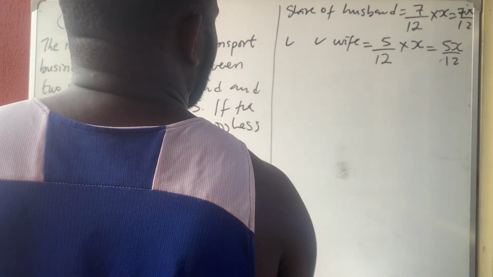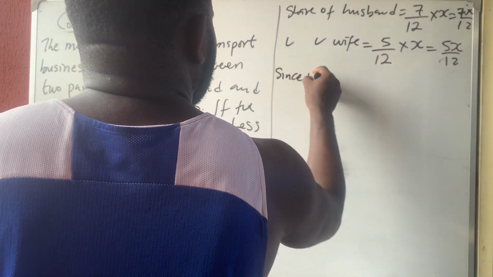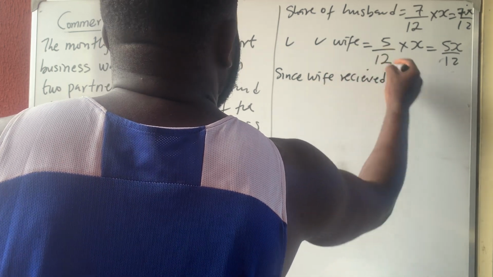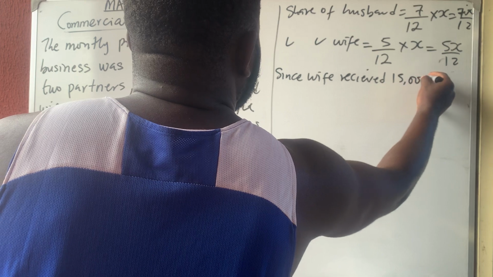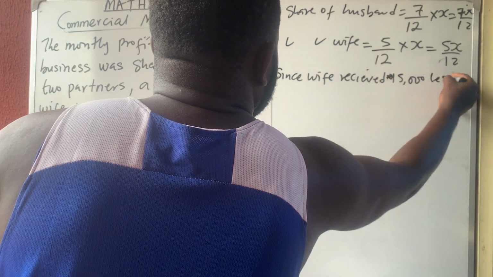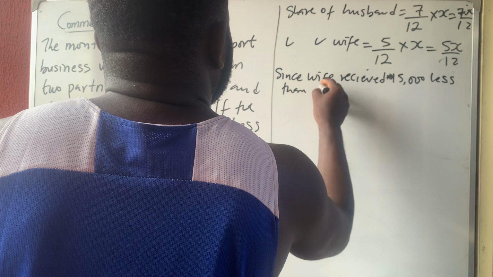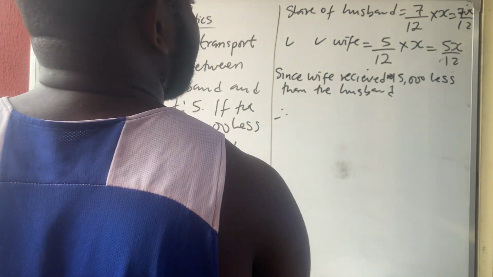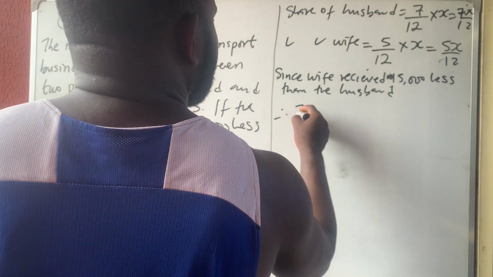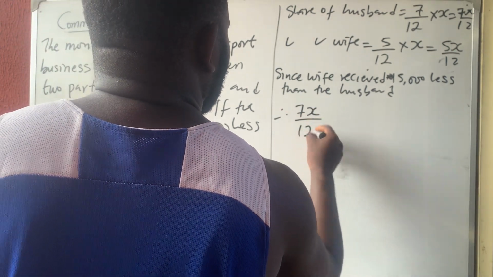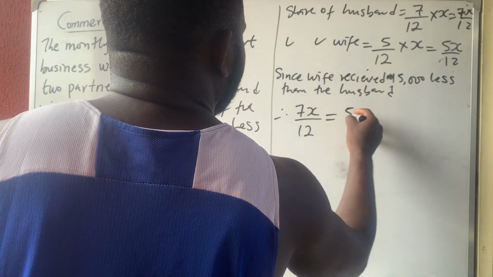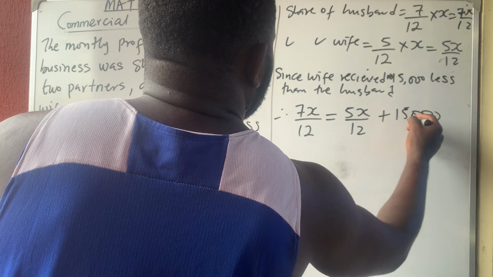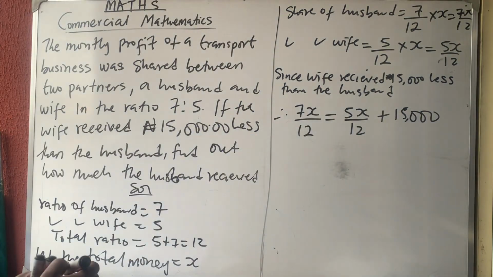So since the wife received 15,000 less than the husband, therefore we now have that the share of the husband, 7x over 12, is equal to the share of the wife plus that 15,000. Yes, that is what will make them equal, because that is their difference.